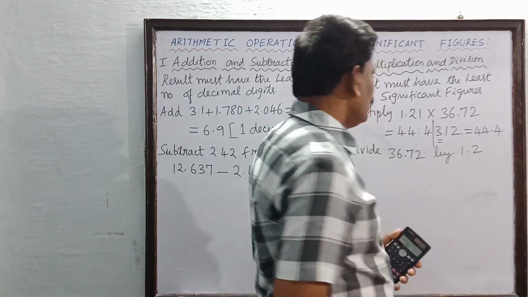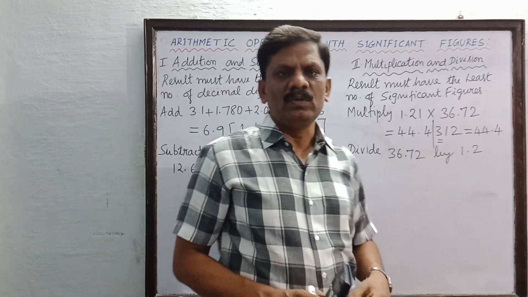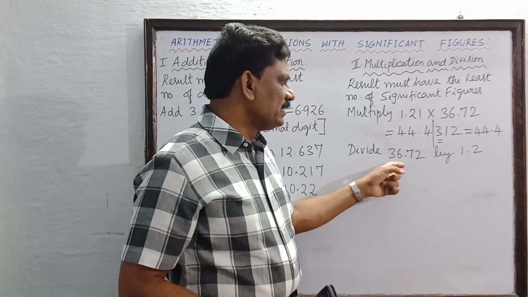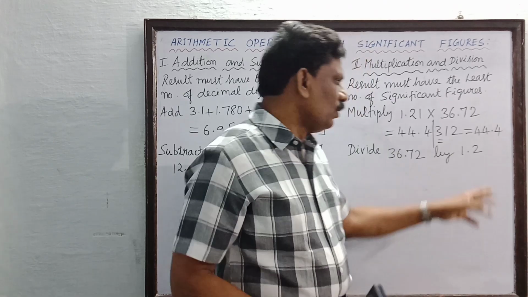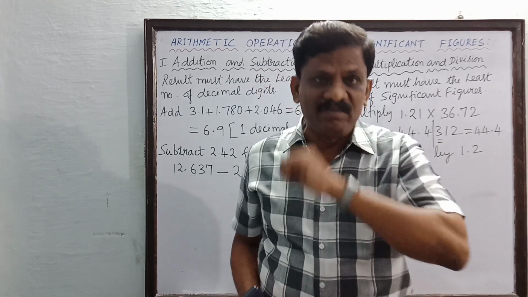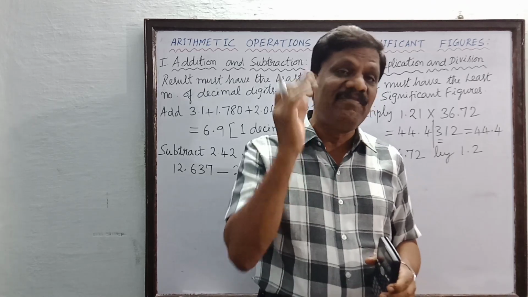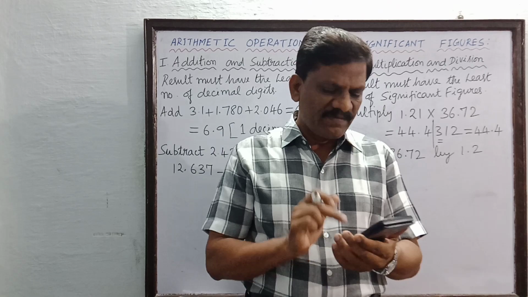So I am going to divide 36.72 by 1.2. You just look at the two given numbers. This 36.72 has 4 significant figures, but 1.2 has only 2 significant figures. So the answer must contain how many significant figures? Only 2, is it not? So let us find out now.